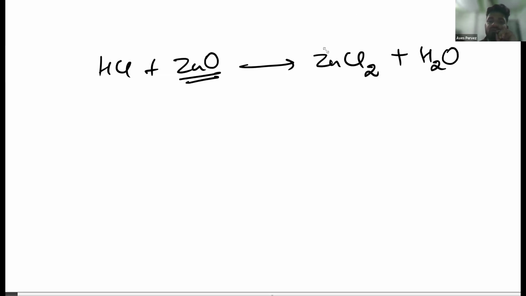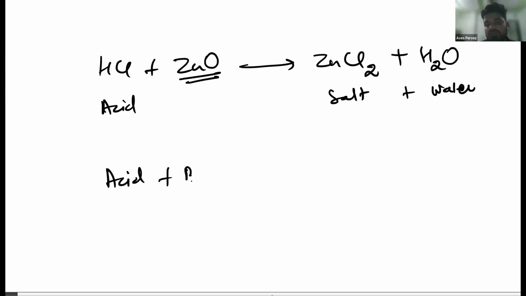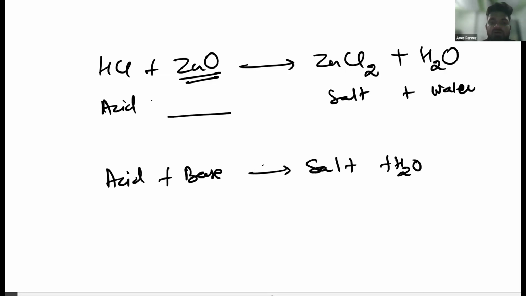Now just listen to me, dear students. Compare it with the general property: this is acid, this is salt, this is water. You are familiar that acid reacting with bases gives you salt plus water. So what is the nature of zinc oxide here?